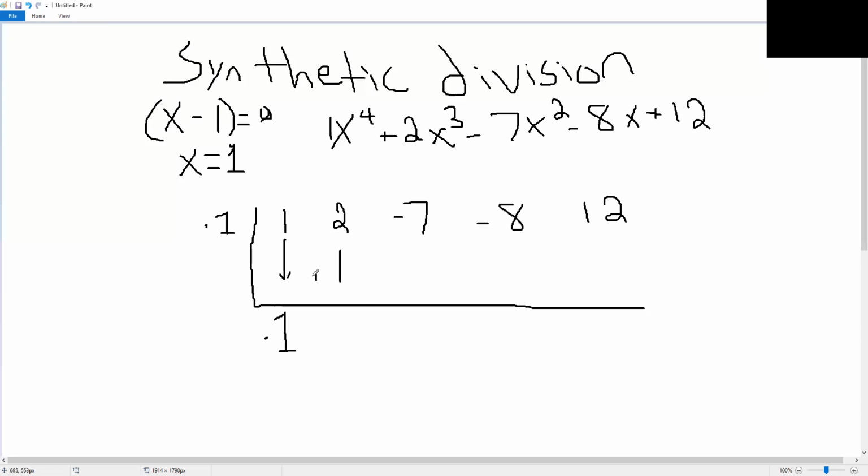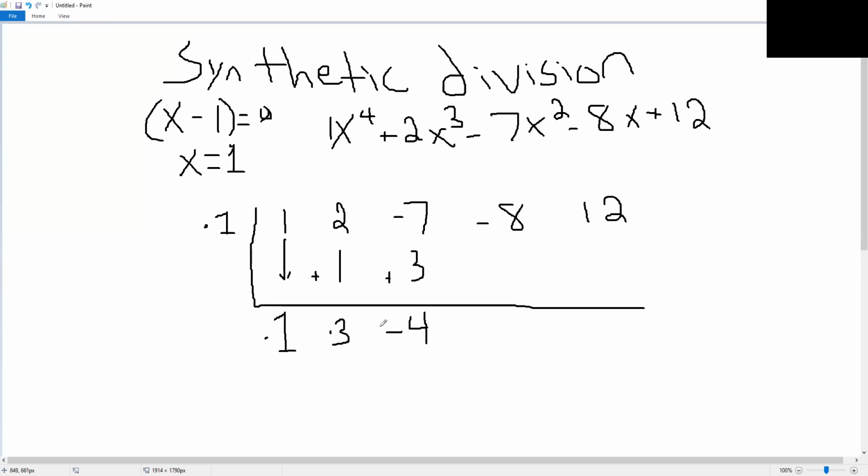Now, we're going to add. 2 plus 1 is 3. Okay. Then we're going to repeat. Multiply this number with this number now, which is just 3. Then we're going to add. -7 plus 3 is -4.